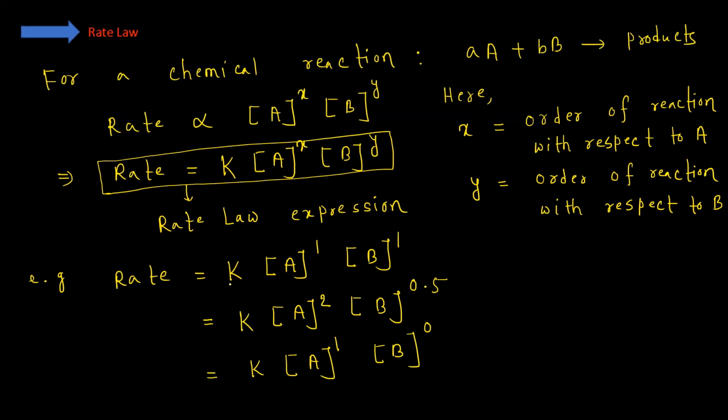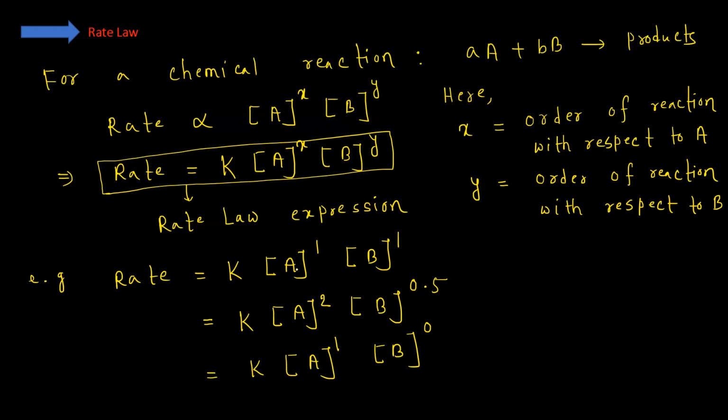In the first rate law expression, we can see the order of reaction with respect to A is 1, which means if we double the concentration of A, the rate will be doubled.